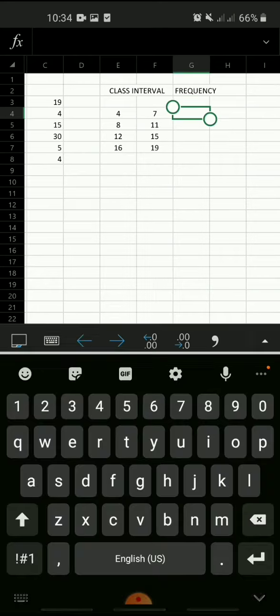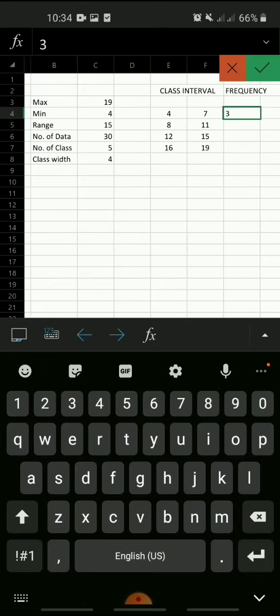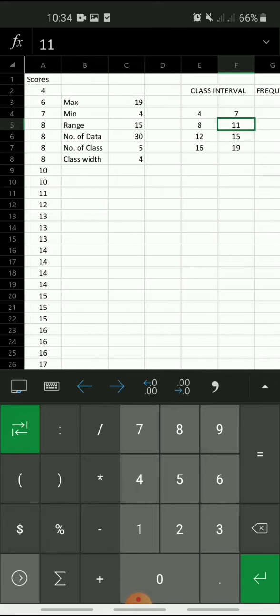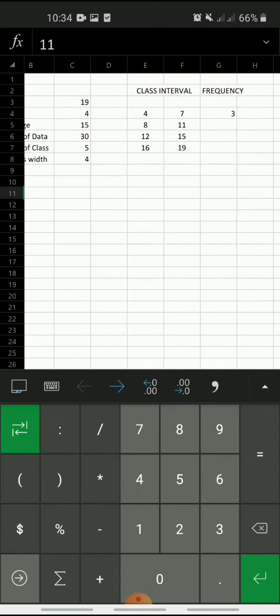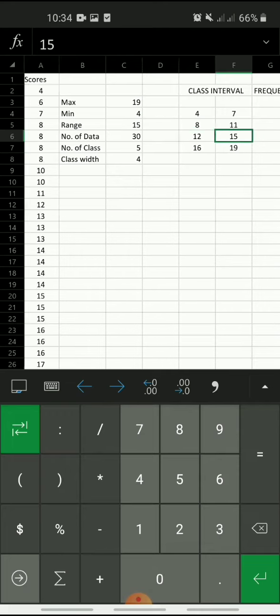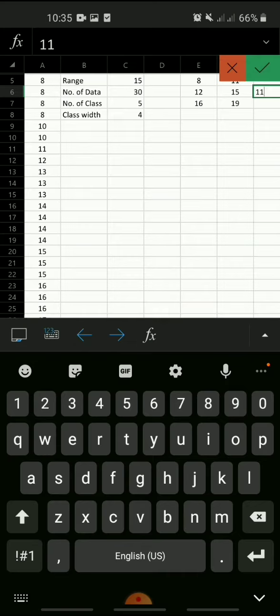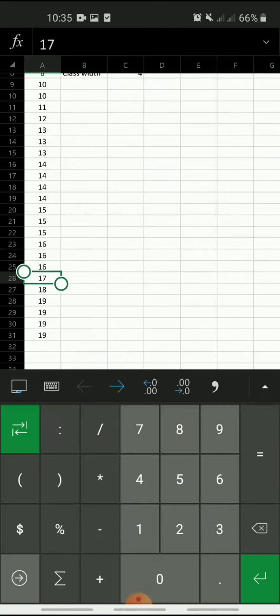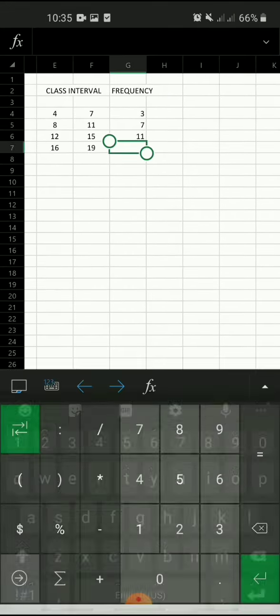So the frequency is 3. Then counting from 8 to 11: 1, 2, 3, 4, 5, 6, 7. So, 7. Then 12 to 15: 1, 2, 3, 4, 5, 6, 7, 8, 9, 10, 11. So, 11. Then 16 to 19: 1, 2, 3, 4, 5, 6, 7, 8, 9. Okay, so 9.